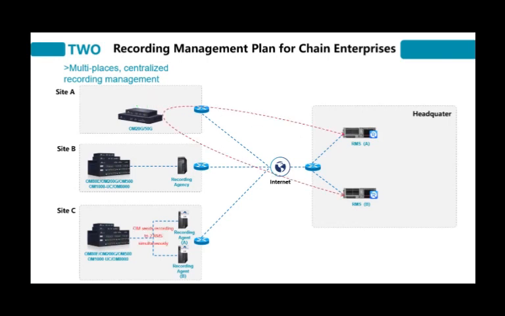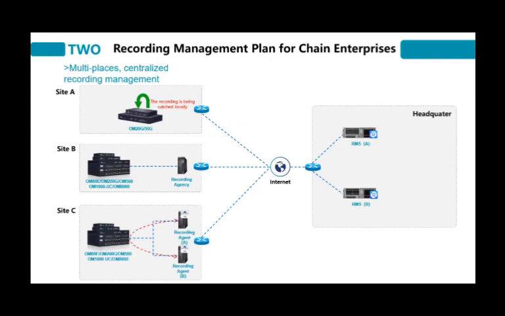As you can see here, we show that from site A, RMS-A loops to the RMS-B. Once the connection is disconnected, the recording is being cached locally. Again, if it is online, RMS-A will be used for site A. For site B as well, as mentioned, it can do the recording agent for that one, and at the same time, you can also use the RMS-A.